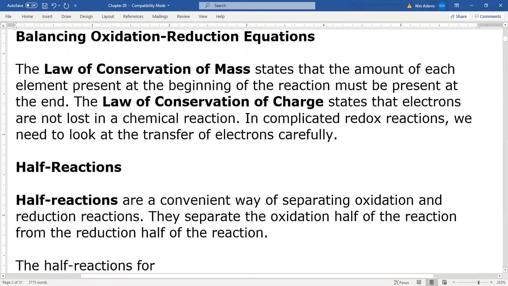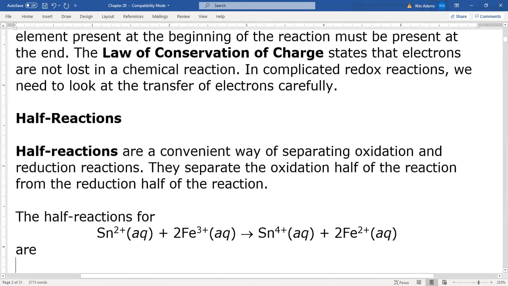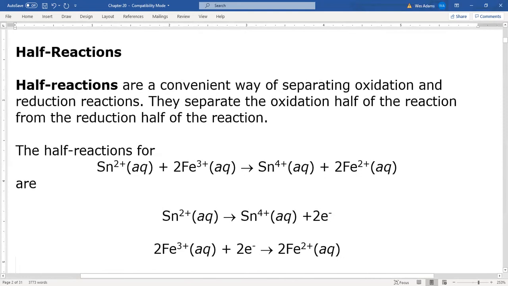And so we separate into reduction and oxidation half reactions. So if we've got Sn2+ reacting with Fe3+, producing Sn4+ and Fe2+, notice I need 2's on the iron to balance the electrons, not the irons, but the electrons.